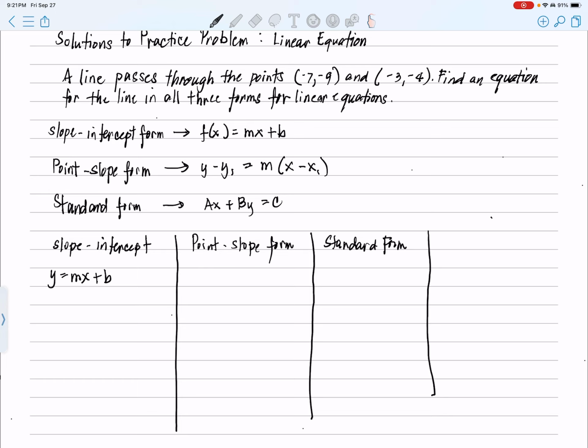We don't have the slope, but we are given 2 points. So we do have to find the slope first, and that would be my step 1, wherein the slope would be the change in y over the change in x. Using these 2 points right here, we have (-7, -9) and (-3, -4). So I will identify them as x1, y1. This is x2, y2.